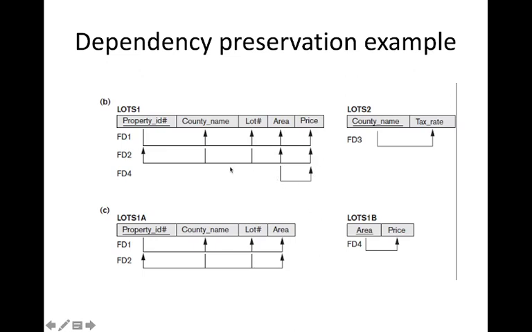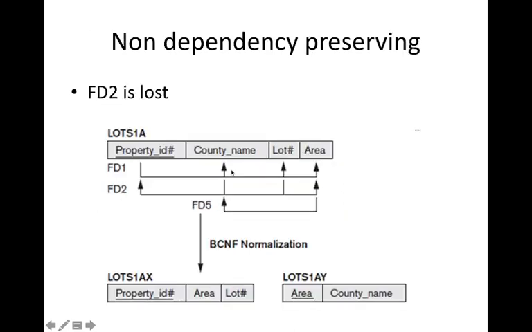So we have to decompose this into two relations, Lots 1A and Lots 1B. Now these two relations are in third normal form and all the dependencies are preserved. FD1 and FD2 are in one relation, and FD4 is in the other. So it is known as the dependency preservation property.